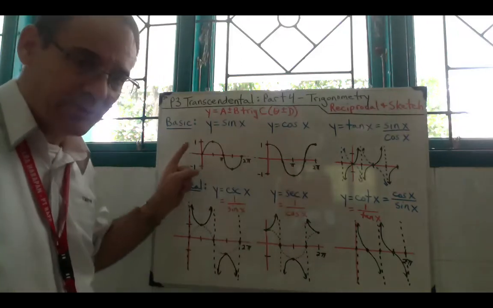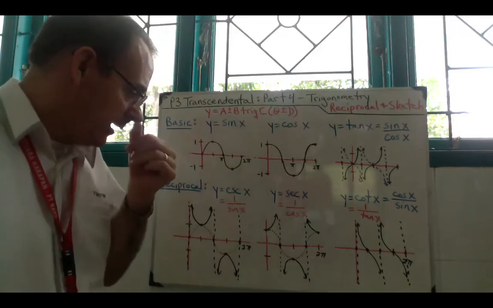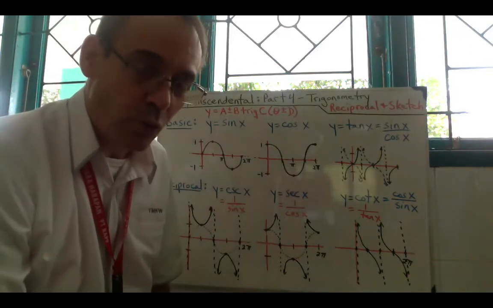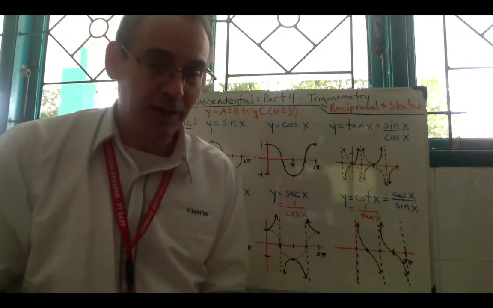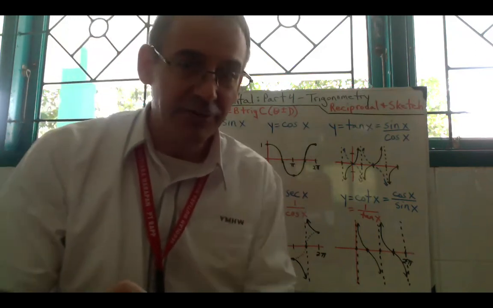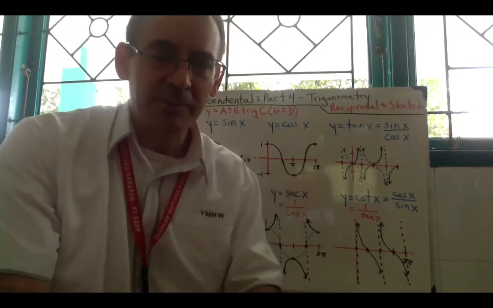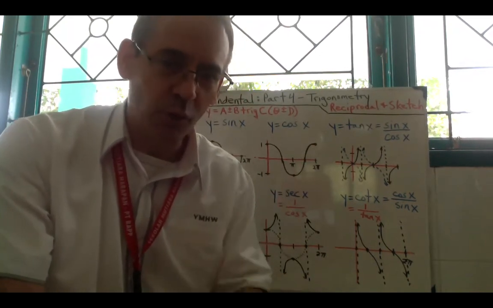Most sketching will involve these four. Again, they don't occur that often. In fact, I only have one example of sketching a reciprocal trigonometric function. So let me set that up for us and we'll look at one example in this video.